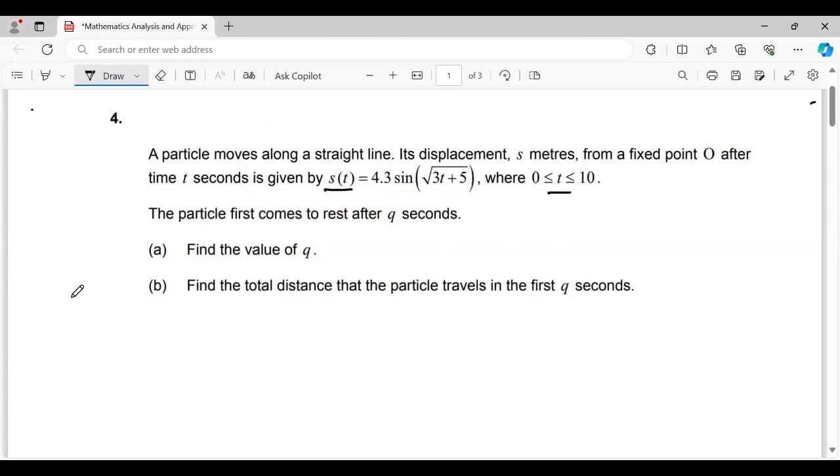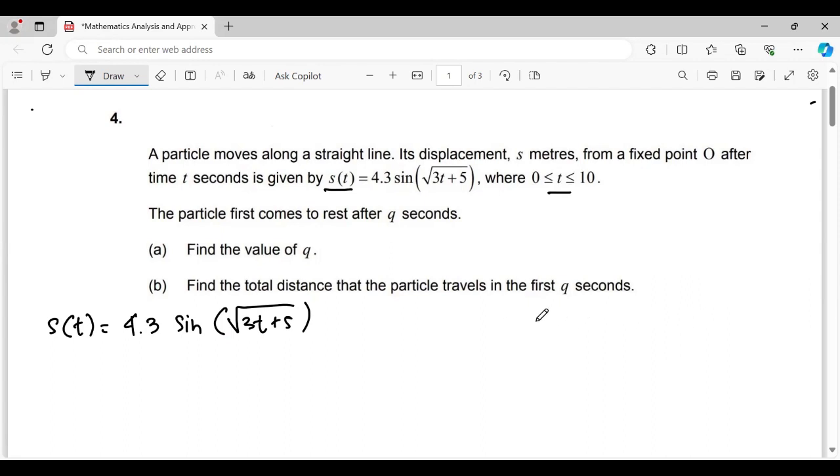Okay, right. The function s(t) equals 4.3 sin(square root of 3t) plus 5, where t is from 0 to 10.